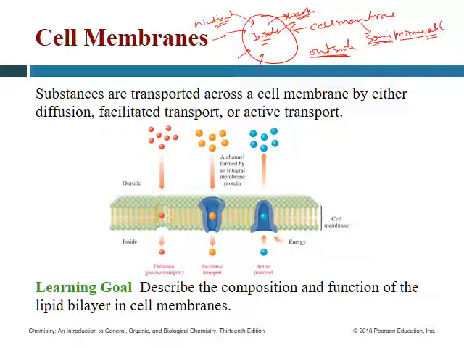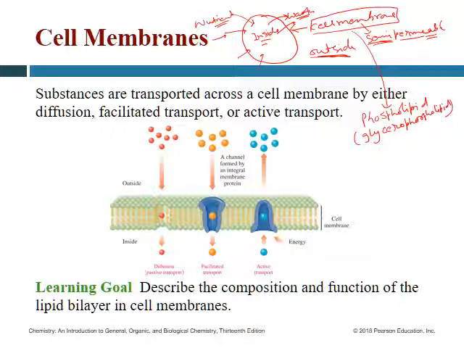And the main component of the cell membrane is made up of phospholipid, and especially glycerophospholipid.